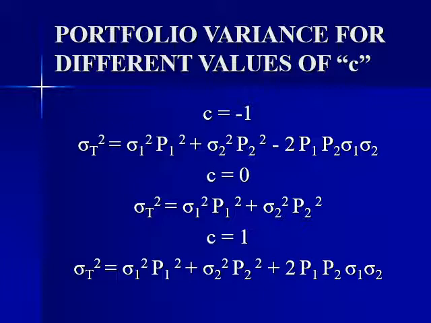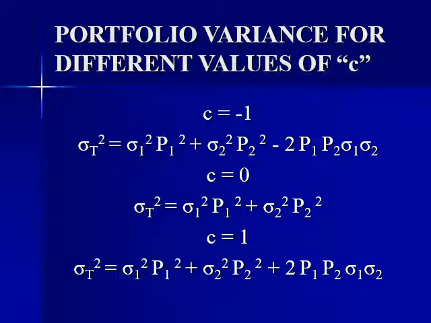If it is zero, in other words there is no correlation, which to be honest you probably never find, but if you have no correlation, it's just a weighted average of the variances. If you have a perfectly positive correlation, then that final component becomes positive. And so there's a difference: if we have a negative correlation, we're taking away variance.